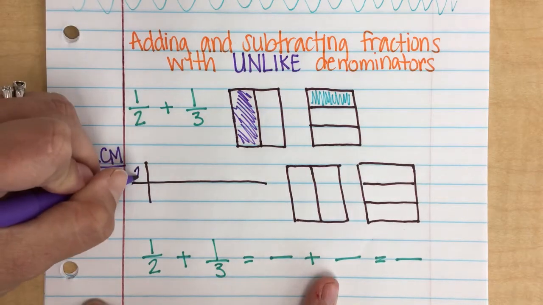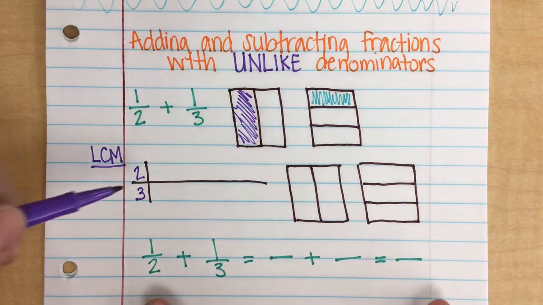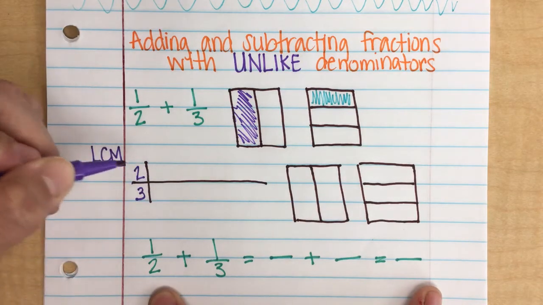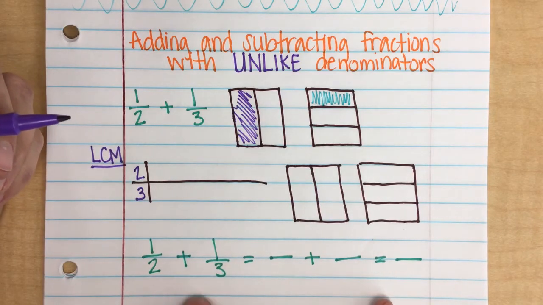So I'm going to look at 2 and 3. And I want to list the first 5 multiples of both of those numbers to help me find one that they have in common. So I'm going to start with 2. And I'm just doing like 2 times 1, 2 times 2, 2 times 3, that kind of thing.